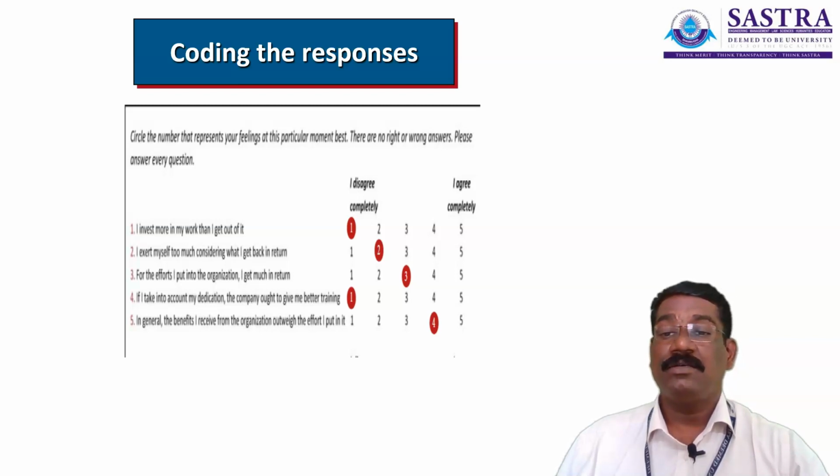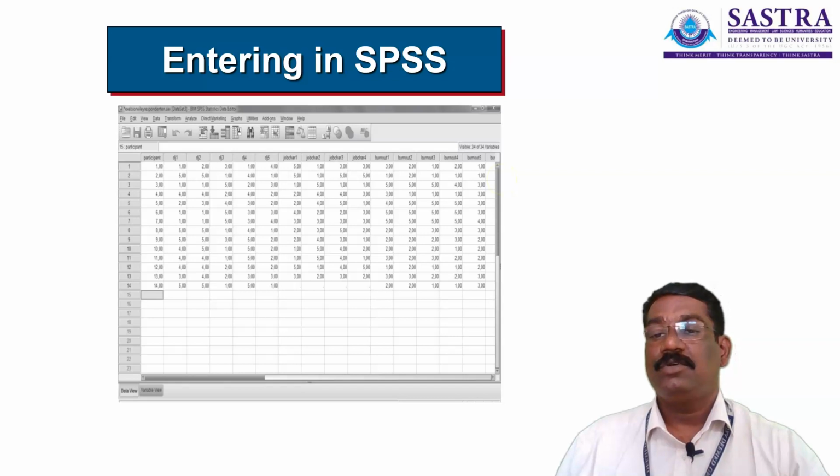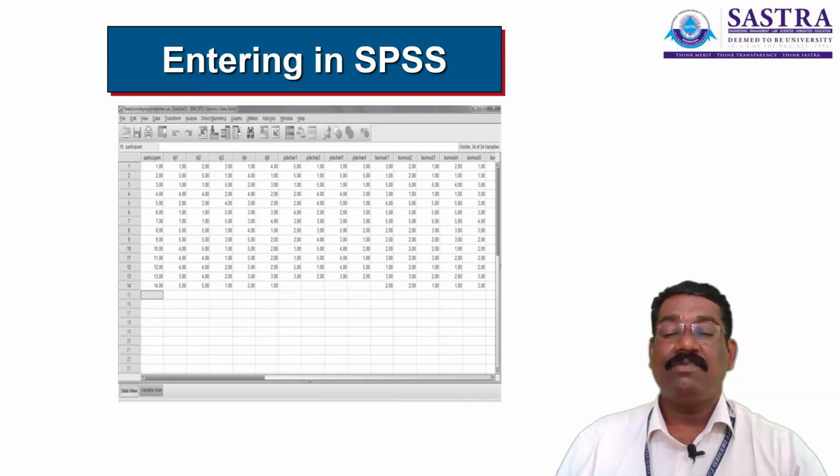Like that we can code the responses. That is very important. Once we code the responses, it is easier for us to enter those data into the SPSS data sheet. So 1, we all know, is strongly disagree, and 5 is strongly agree. Like that, we need to code the data and enter it.